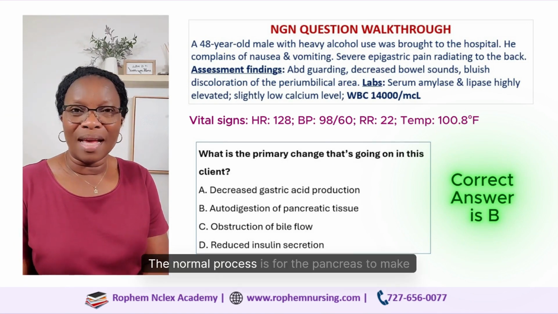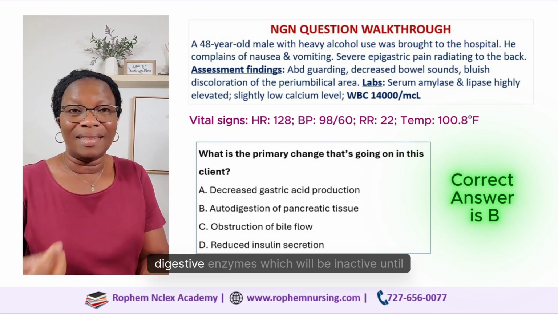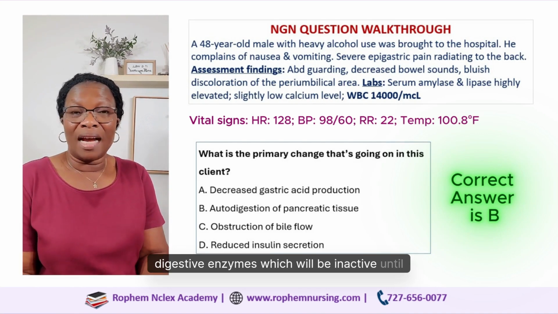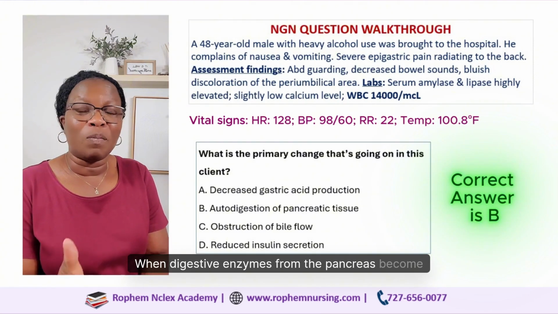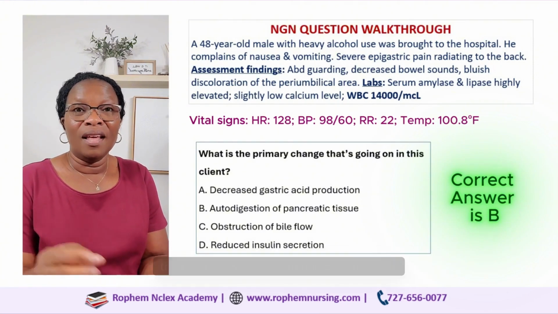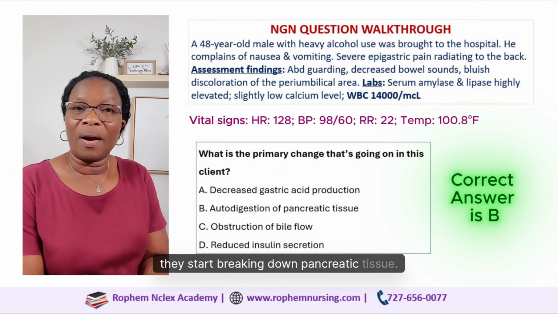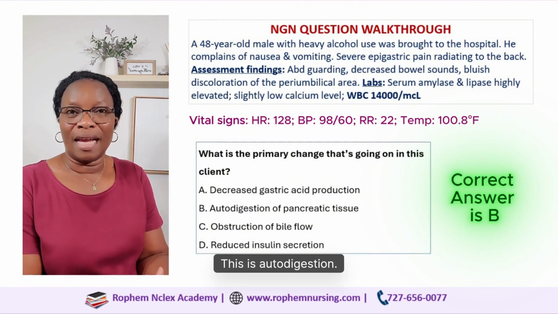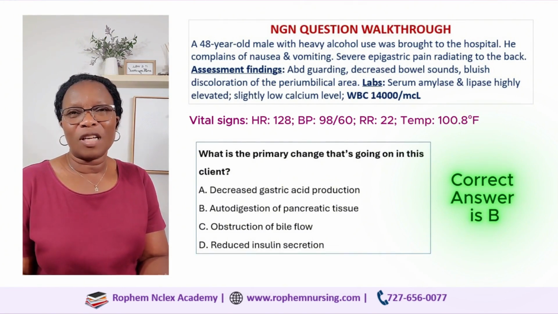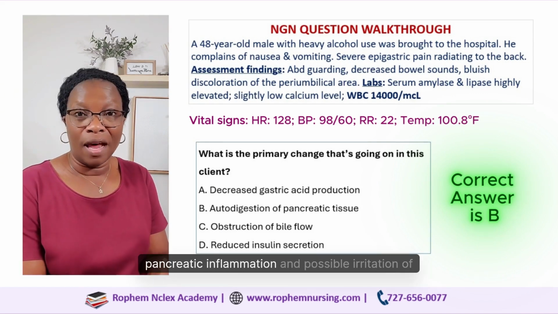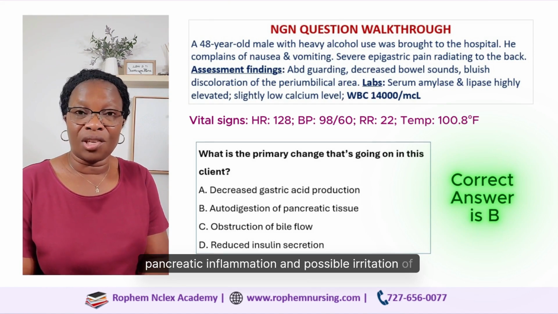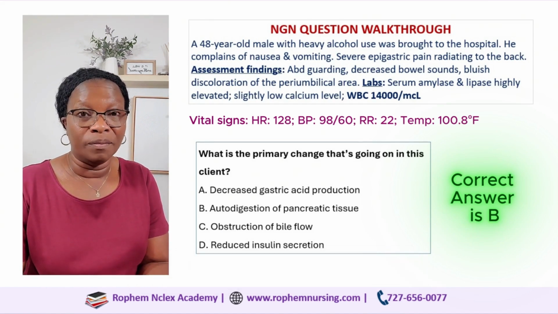The normal process is for the pancreas to make digestive enzymes, which will be inactive until needed. When digestive enzymes from the pancreas become prematurely activated, they start breaking down pancreatic tissue. This is autodigestion. Epigastric pain radiating to the back indicates pancreatic inflammation and possible irritation of the peritoneal membrane.